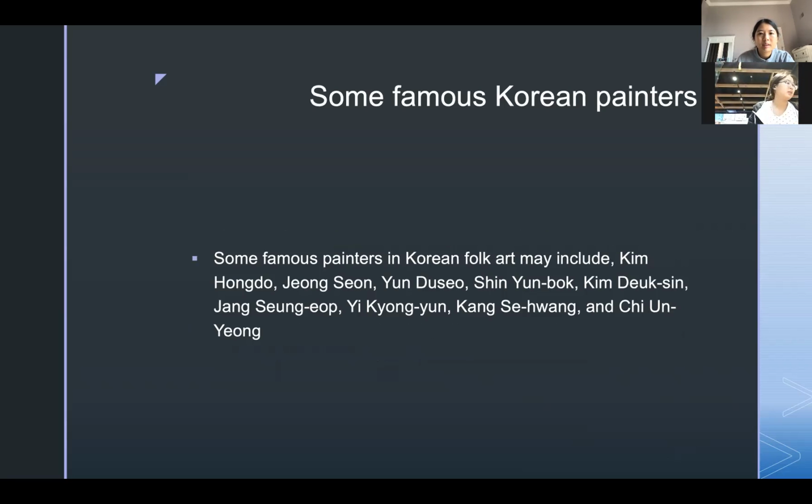Now I want to introduce some famous Korean painters. Some famous Korean painters in Korean folk art may include Kim Hong-do, Jong Sun, Yoon Do-so, Shin Yun-bok, Kim Duk-shin, Jang Sung-up, Lee Kyung-yun, Kang Se-hwang, and Chi Eun-young.